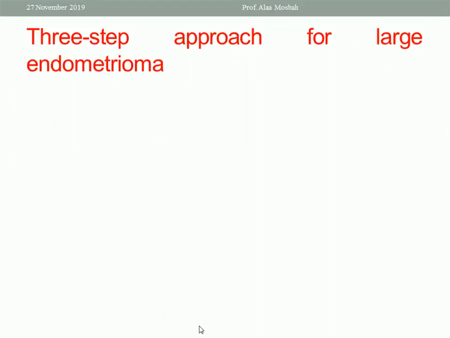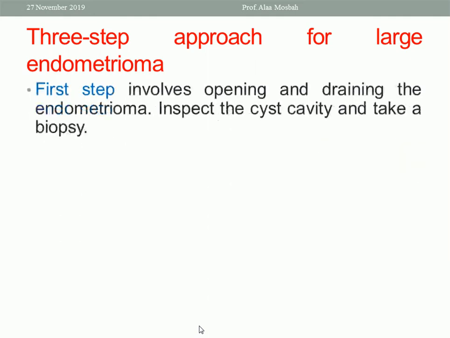What about the next line of treatment, which is the three-step approach for large endometrioma? We have three steps in this line of treatment. The first step involves opening and draining the endometrioma, inspecting the cystic cavity, and taking a biopsy for histopathology analysis.